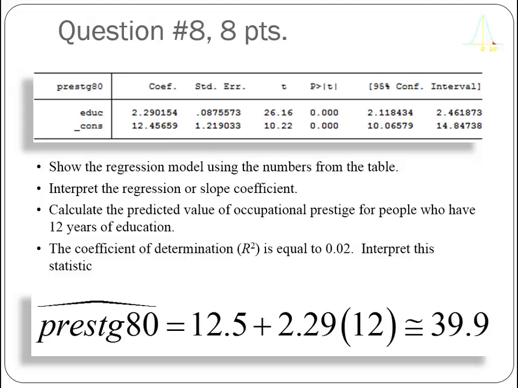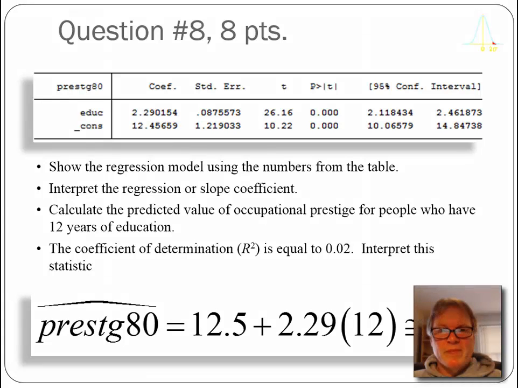Finally, we give you the coefficient of determination, which is our Pearson's R squared, at least in the bivariate case. We get a very low Pearson's R squared, 0.02, and we ask you to interpret that value. Of course, all the numbers will be different and the variables will be different on your exam, but the interpretation of this 0.02 goes something like this.